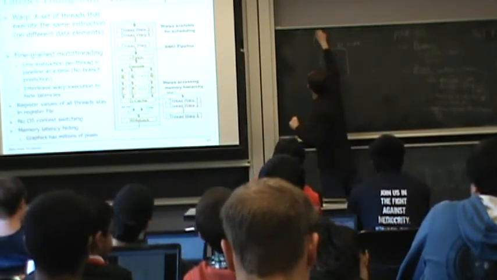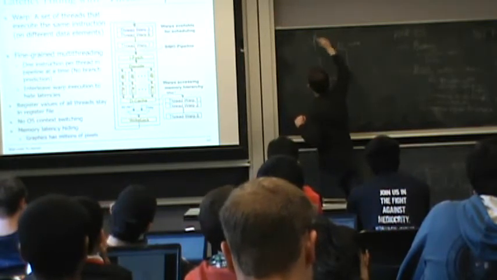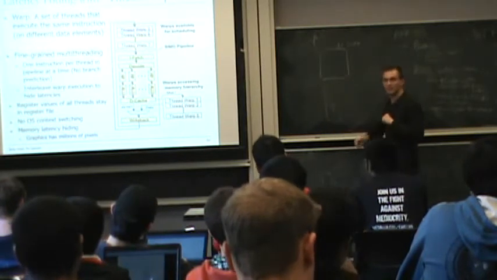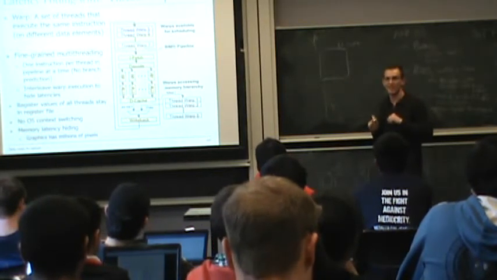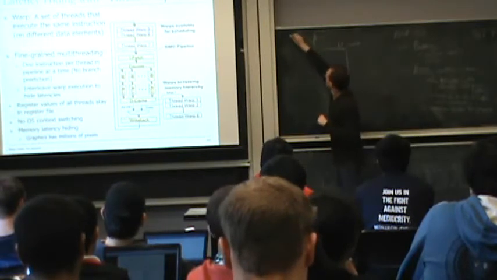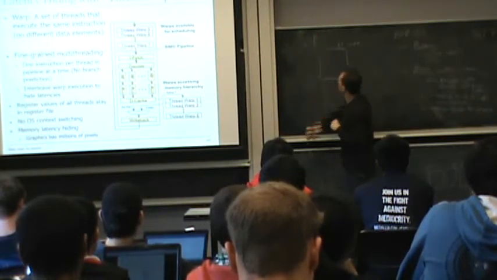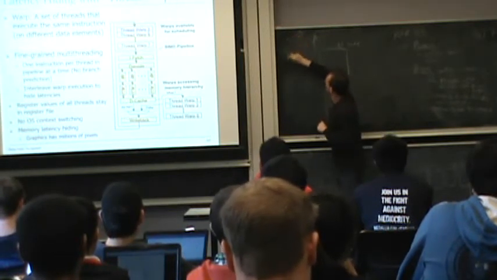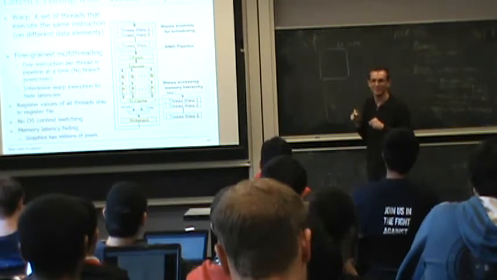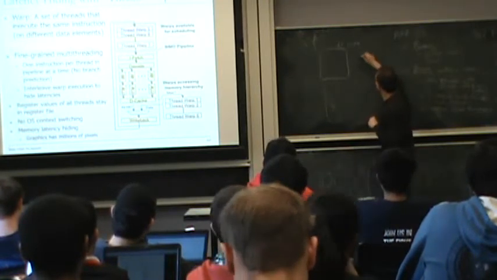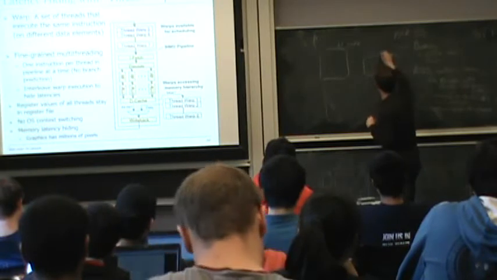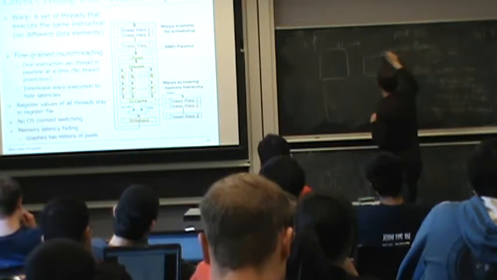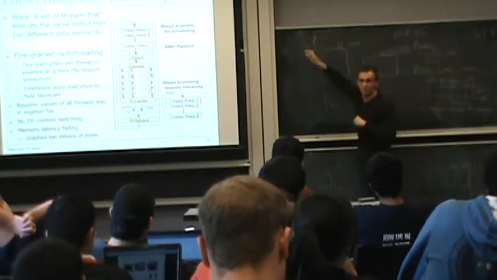Let's call this cache block A. It's not here, and the cache sent a request downstream requesting address A. Now let's say the processor wants to access address B and address C and address A again. If you have a structure that keeps track of the outstanding misses, you can do all of those concurrently.